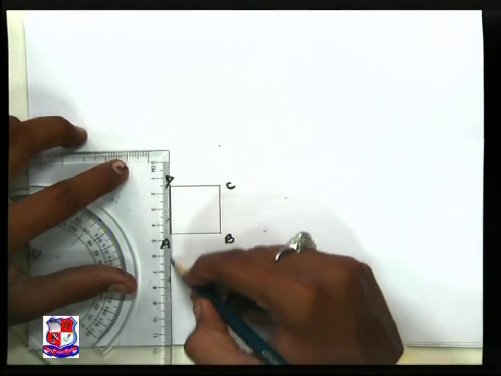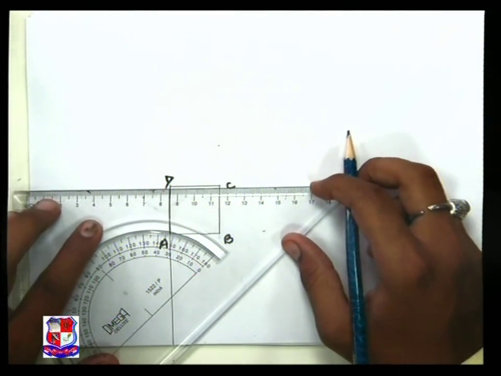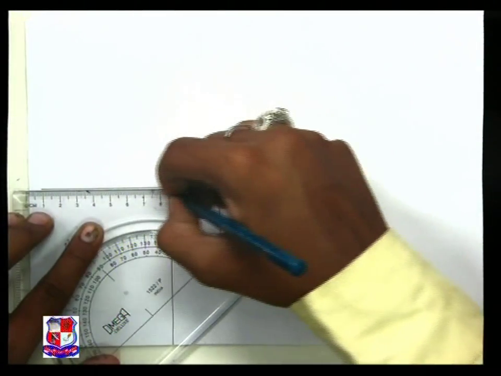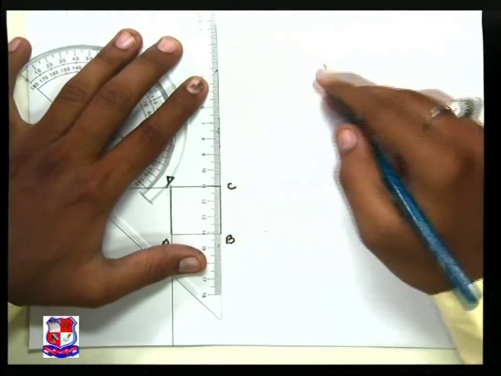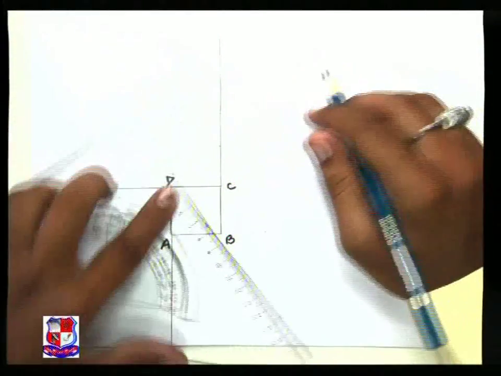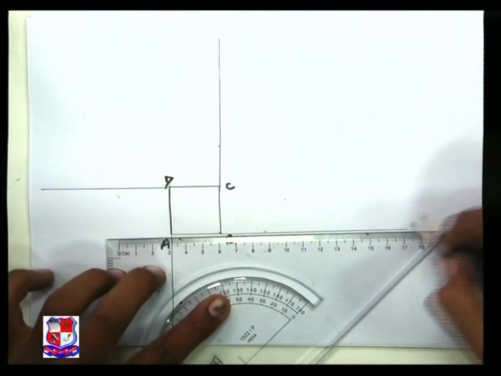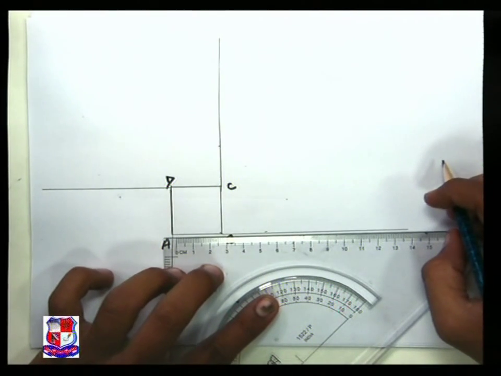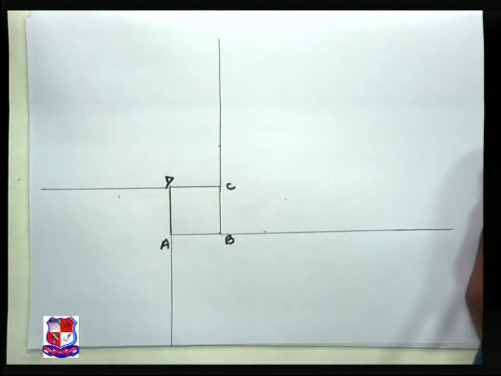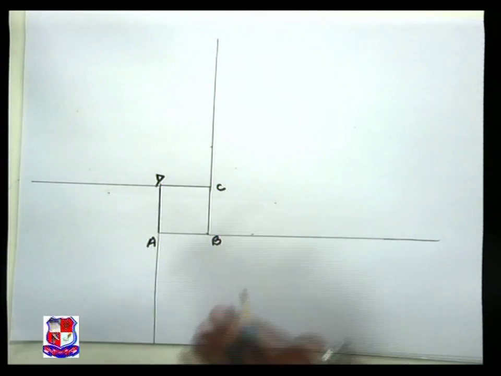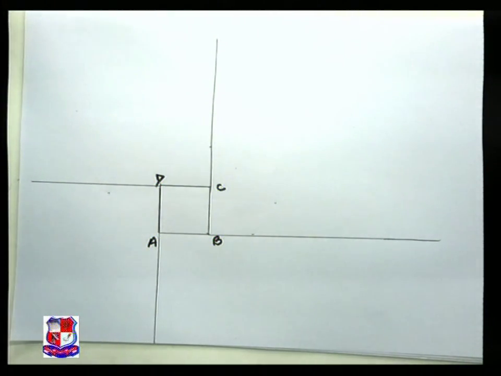Extend line AD, CD, BC, and lastly AB. I have extended those lines. Extension means stretching those lines to the next point.